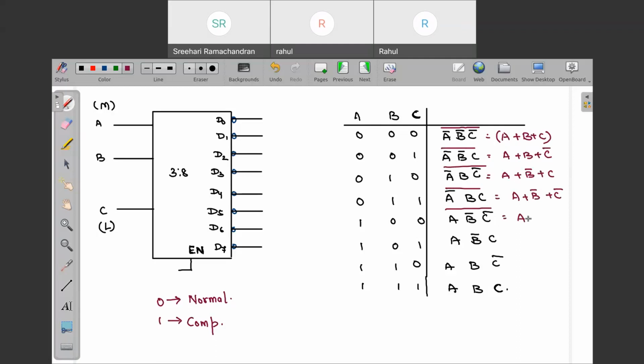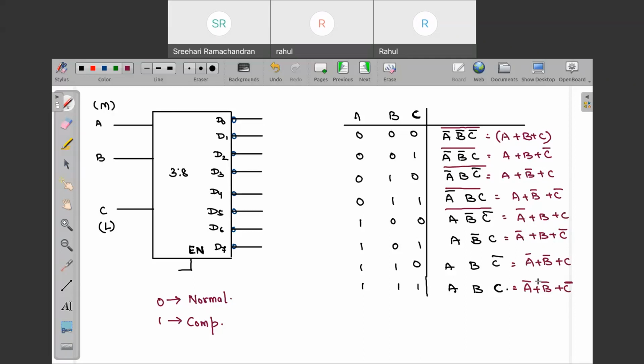This will be A complement plus B plus C. This will be A complement plus B plus C complement, and this will be A complement plus B complement plus C, and this will be A complement plus B complement plus C complement. So what are we getting? Basically, we are getting our answer in terms of maxterms or sum terms.